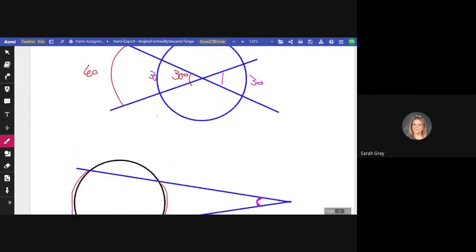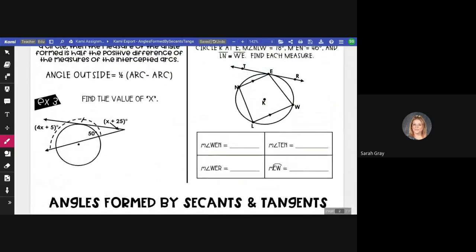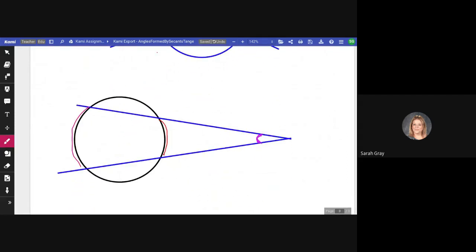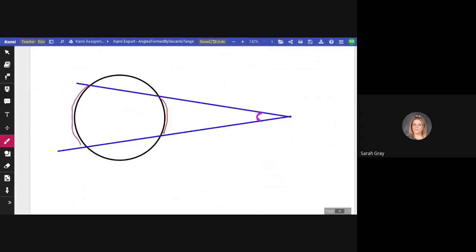All right, now let me remind myself. Arc minus arc. Okay, so angles have always been half the size of the arcs. Still is in this case. If this angle is, I don't know, 40 degrees, then it is going to be twice as big as the arcs, but this time we subtract.